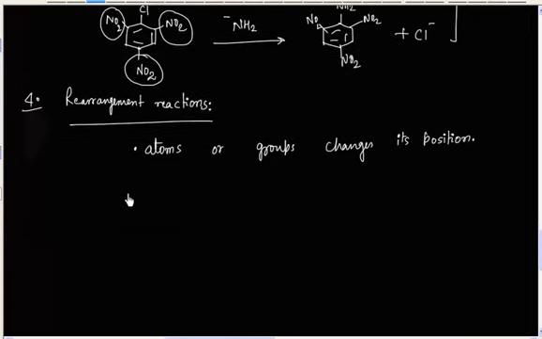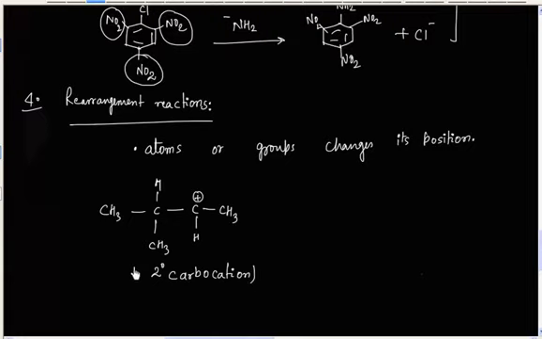For example, if you have this species, so this is a 2-degree carbocation. So this one is a carbon having positive charge. So this is a 2-degree carbocation.